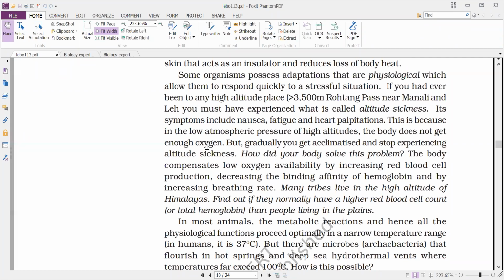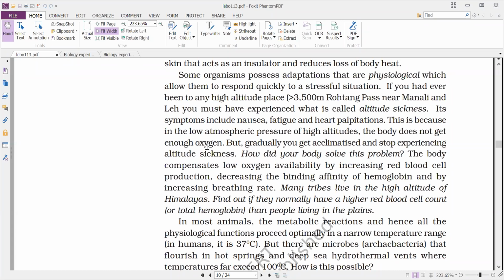We can see very clearly, when you compare the number of RBC between people who live in the plains and at higher altitudes, there is a definite change. We find a normal number of RBC in the plains, whereas we find a higher number of RBC than the normal value at higher altitudes.